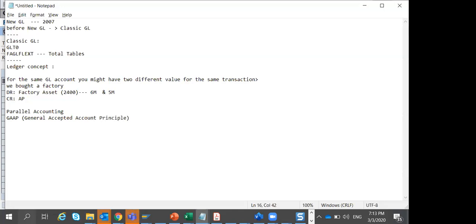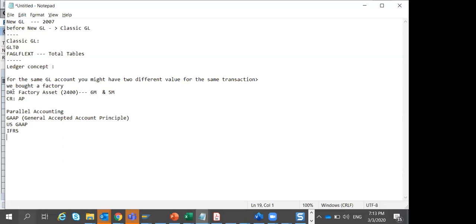This is just general information right now. Sometimes the same exact company has to report their transactions or their statements based on the US GAAP and based on the IFRS. Both of them are different rules of accounting.